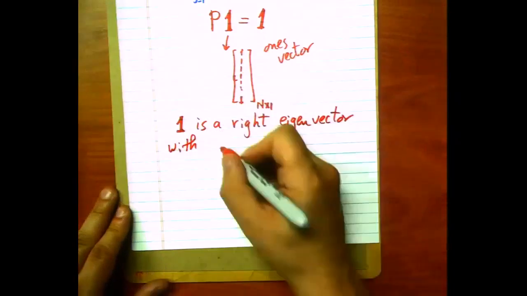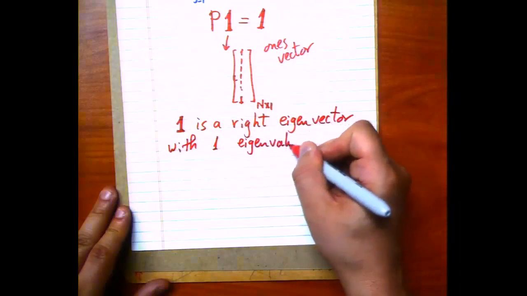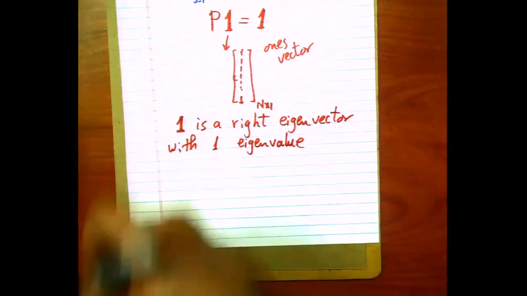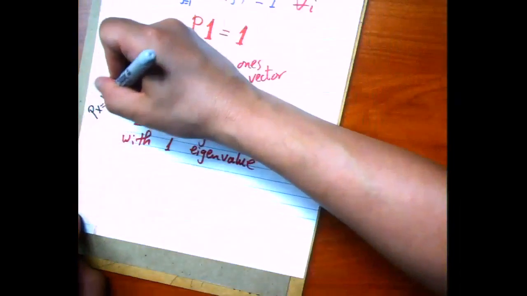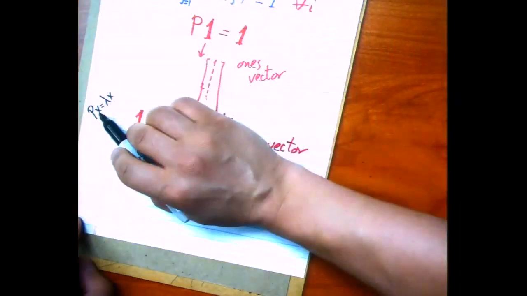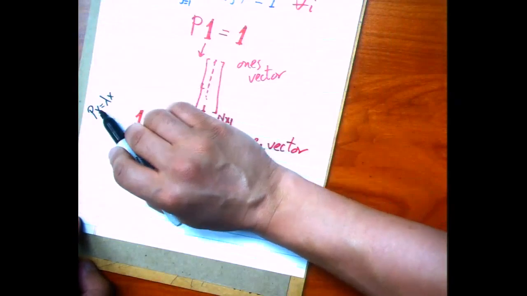Eigenvalue 1. You know the eigenvalues and eigenvectors, P times X equal to lambda X. X is an eigenvector, lambda is an eigenvalue. Since the multiplication here happened from the right, we call it a right eigenvector.